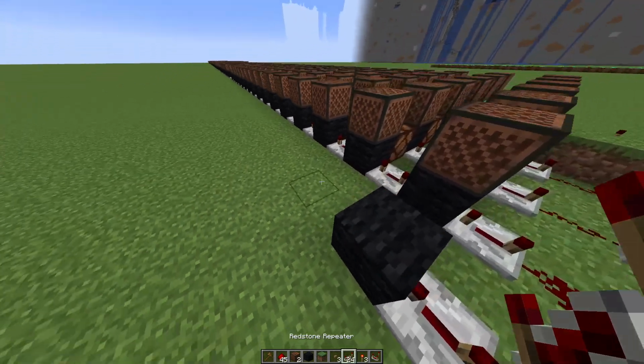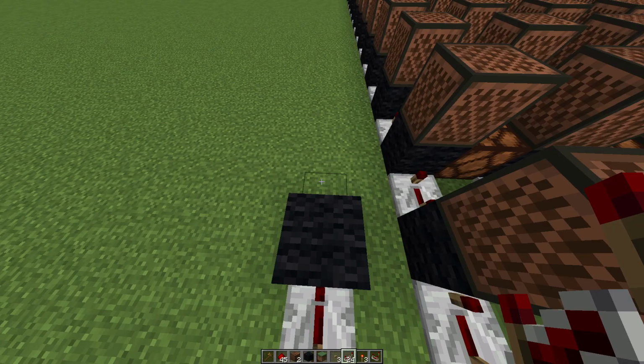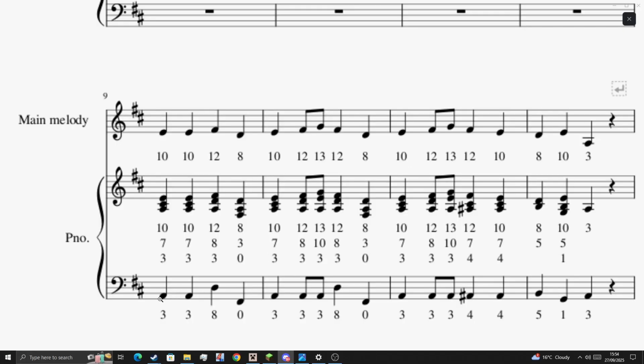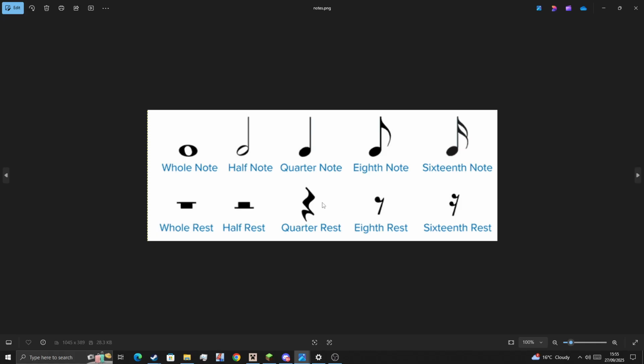I mean, do I wanna try taking this on right now? Not really, but I could and see how it comes out. They're all singles. 1 repeater, 2 ticks. I'm not seeing any dots. Bum bum bum bum. So that's this little squiggle here, right? Which takes us back to quarter rest.